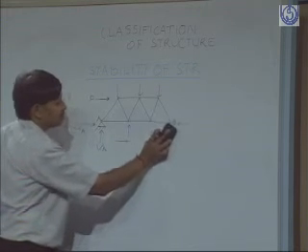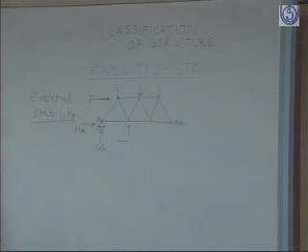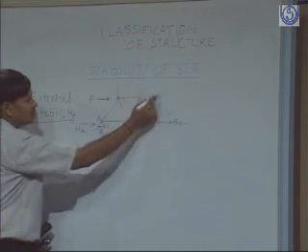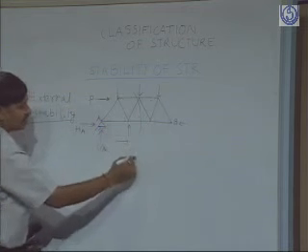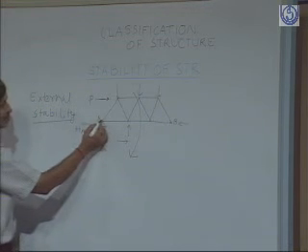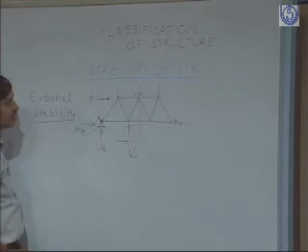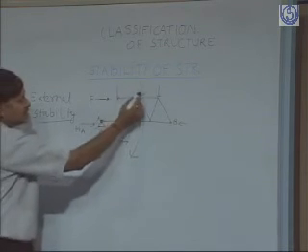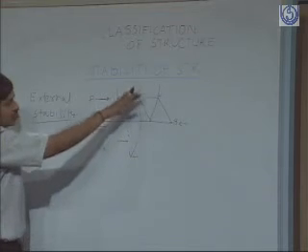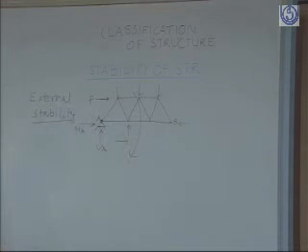Suppose we remove it, what will happen? You can see easily, because of these forces it can rotate in this direction. The entire truss will rotate because this is a pin joint, so it is free to rotate here, and these forces will create a moment about this point. So the whole truss will be rotated.